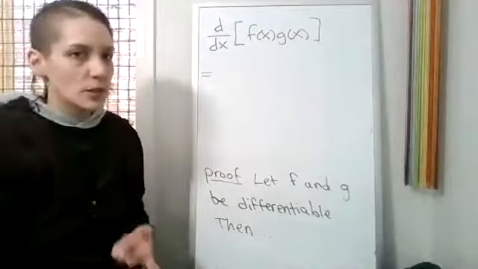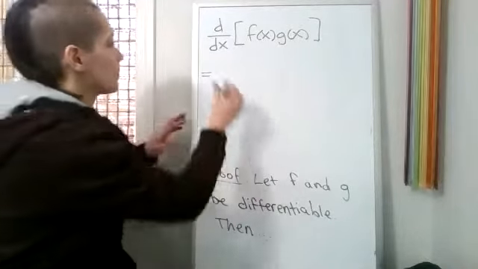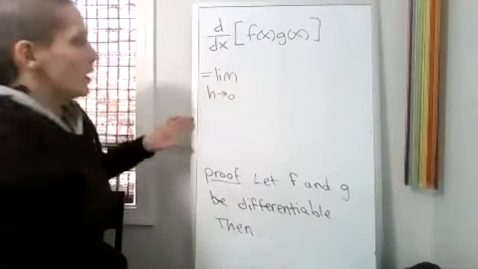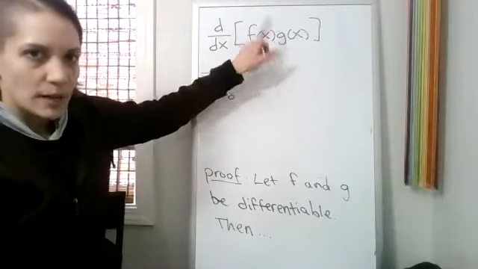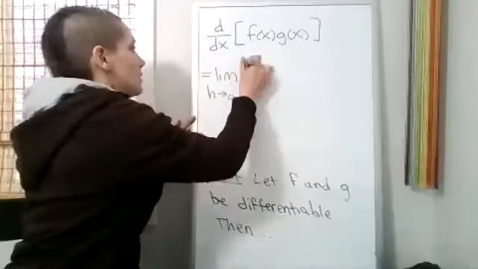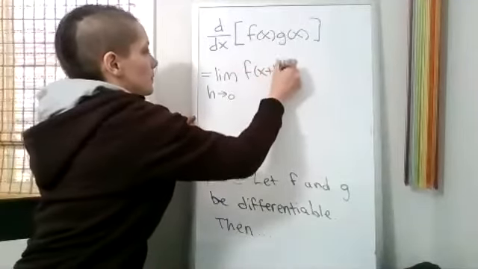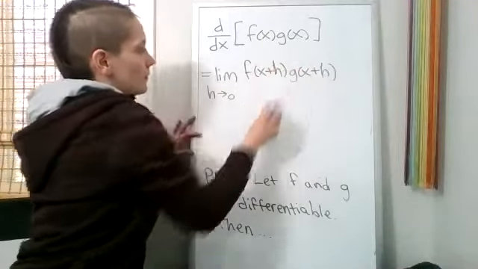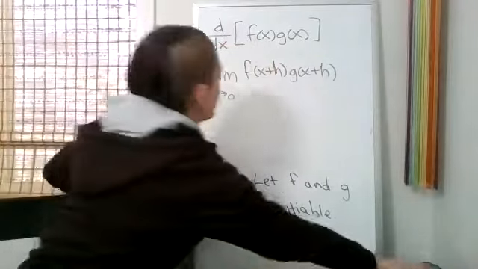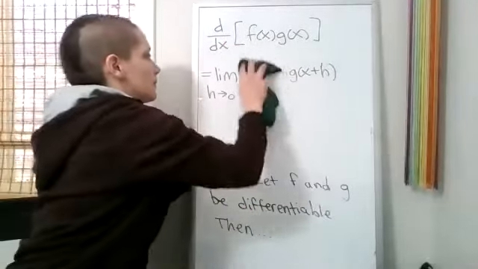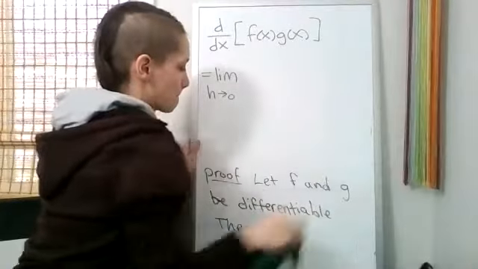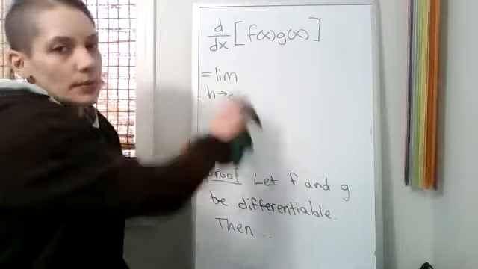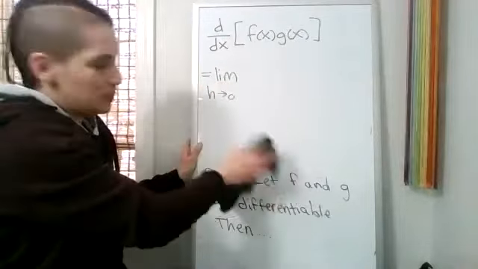So the limit as h goes to 0 of f of x plus h times g of x plus h. I'm just going to need to recopy this and get some more space.